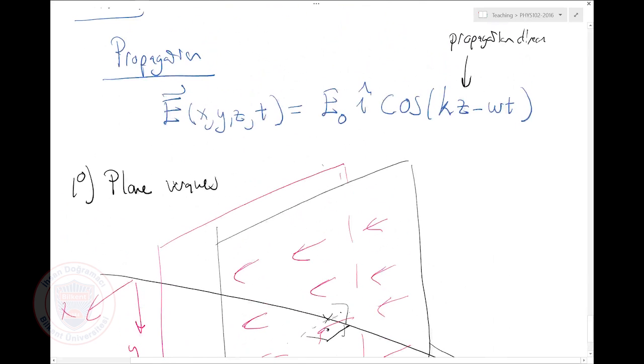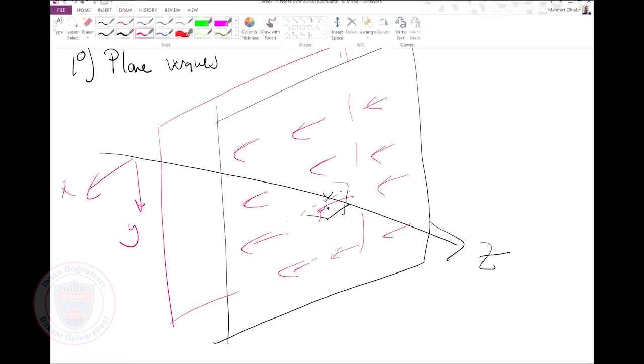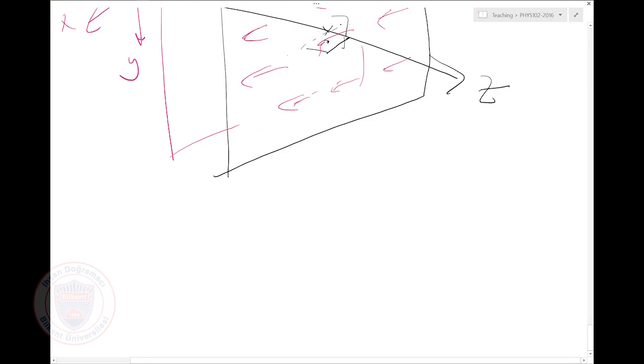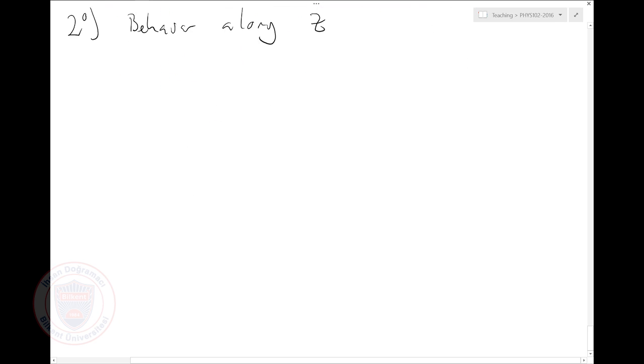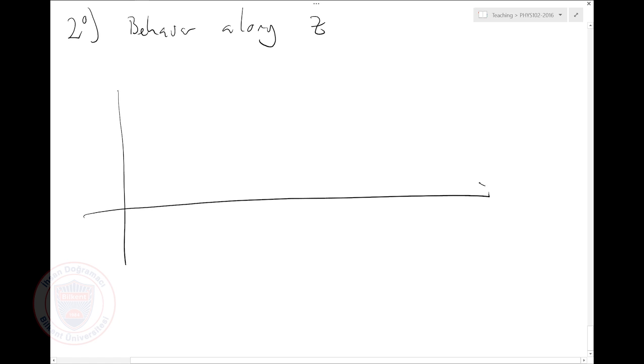It doesn't change as a function of x and y. Okay, how is the behavior along z, the propagation direction?